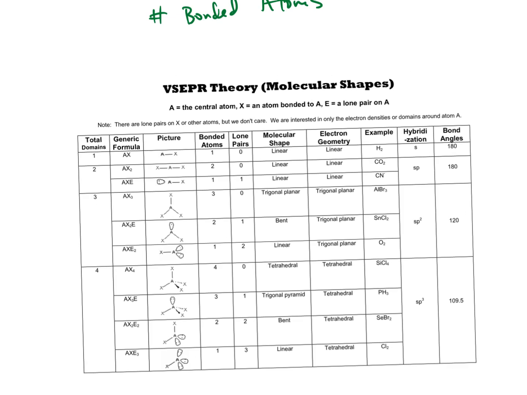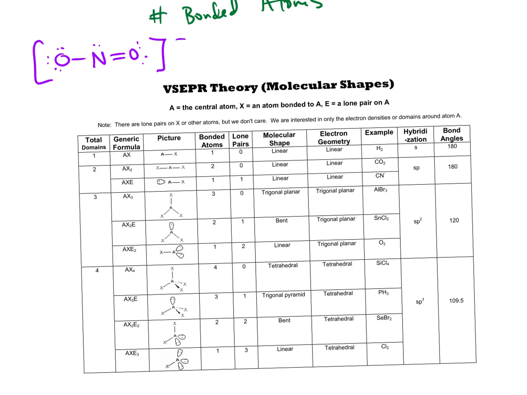Okay, so let me just draw this again. It has a bracket and a charge, don't forget that. But to determine the geometry, do we care about the bracket? No, we don't, okay?